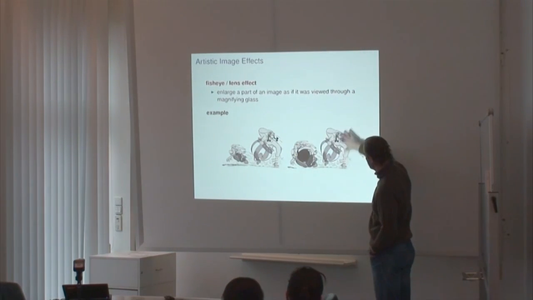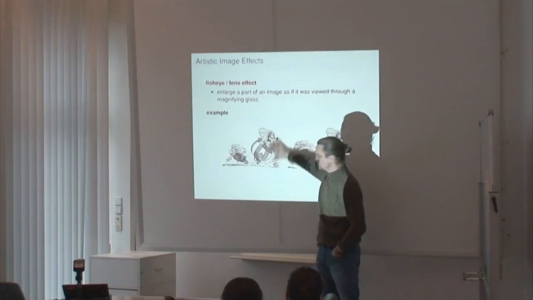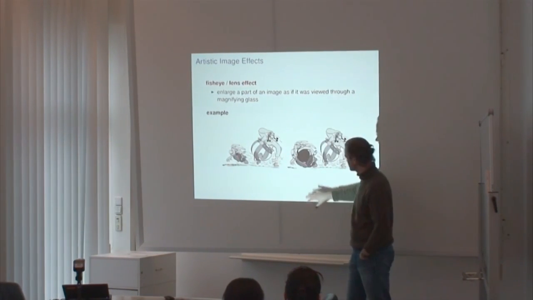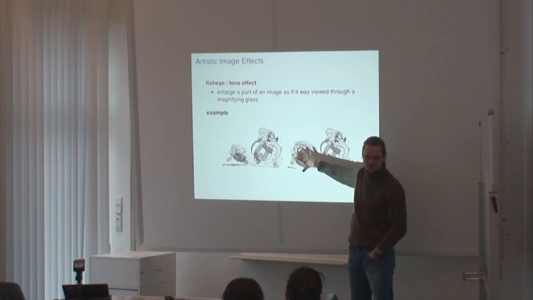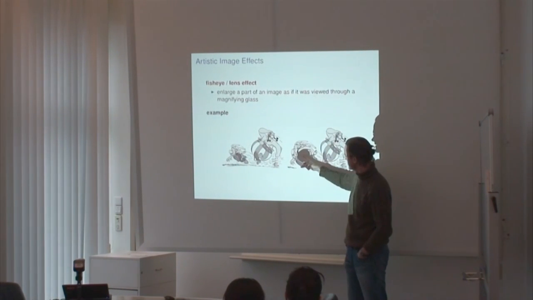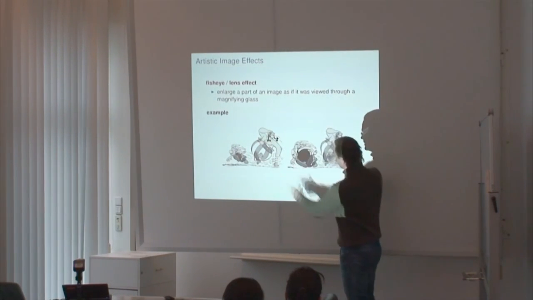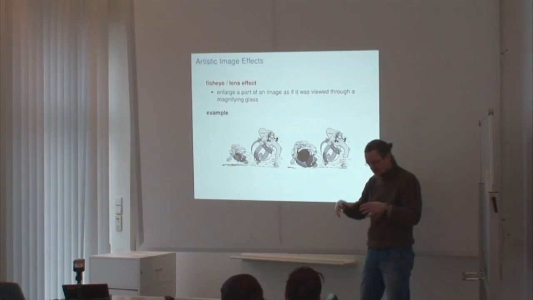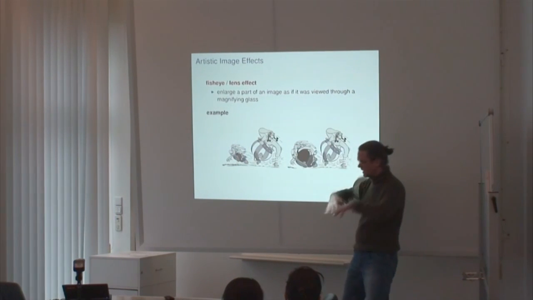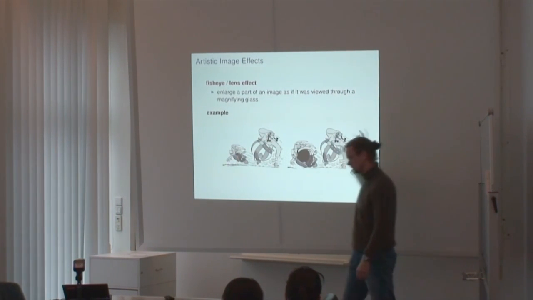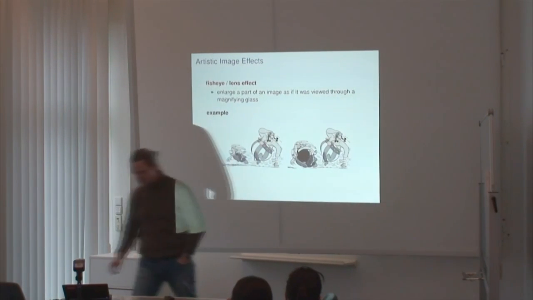Over here, the image is exactly the same as the original image. Something has changed at certain parts of the image only, where, say, the center of the magnifying glass is here, and then in a certain surrounding about this center, everything will be enlarged, and everything else will remain unchanged.